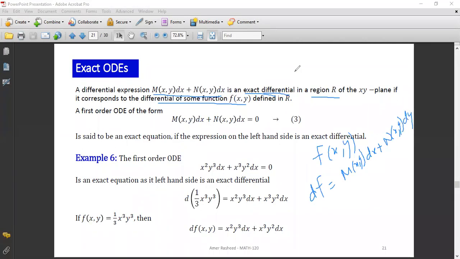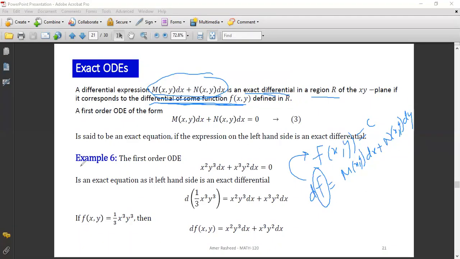So a differential expression is said to be exact if it corresponds to the differential of some function f of x, y, where f of x, y equal to c is a one parameter family of solutions, a function of two variables x and y.